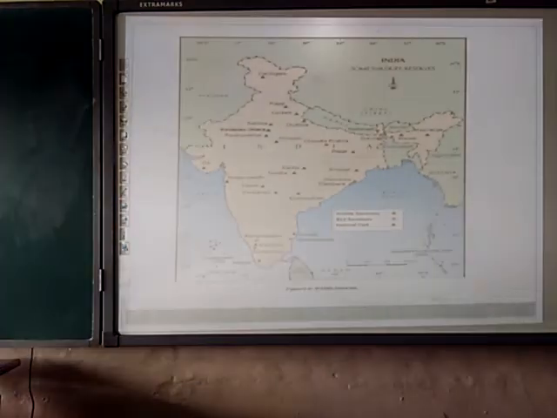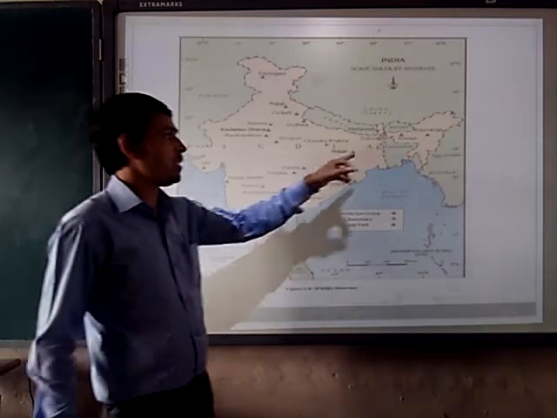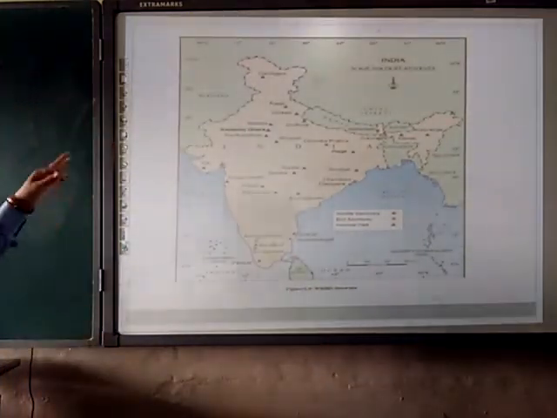This map has been cropped and placed here to help you understand. Your job is to see how many wildlife sanctuaries, national parks and bird sanctuaries are present in India and where they are. Just like Manas is here in Assam. Like that you have to see.